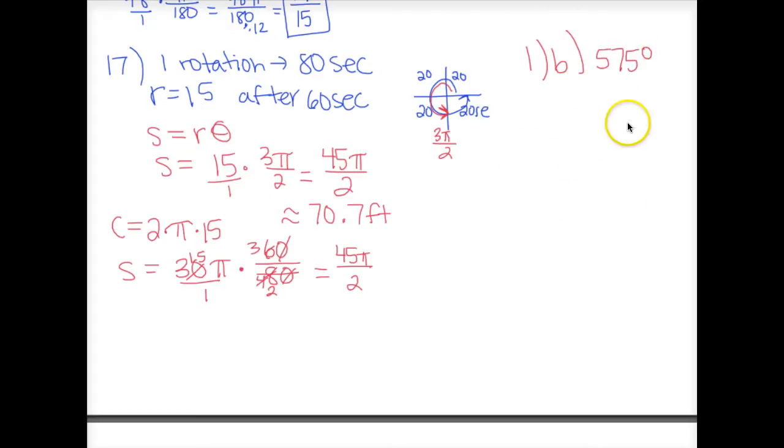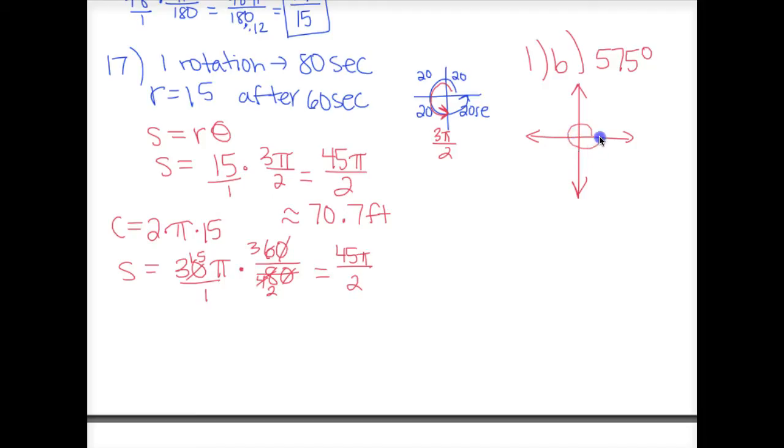So the first thing you do, remember, when you're sketching an angle in standard position is draw yourself a coordinate plane, because standard position angles always need to be in the coordinate plane. So 575 degrees is a positive angle, which means I always start over here on the positive x-axis, but positive means I'm going to rotate in a counterclockwise direction.